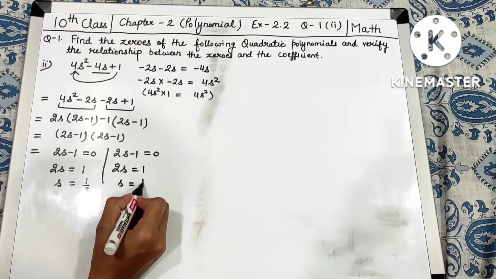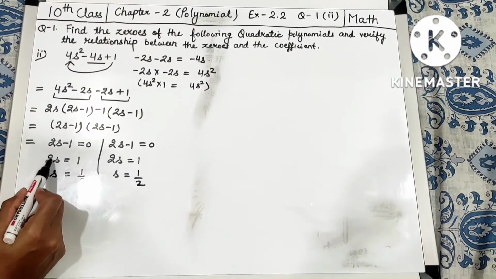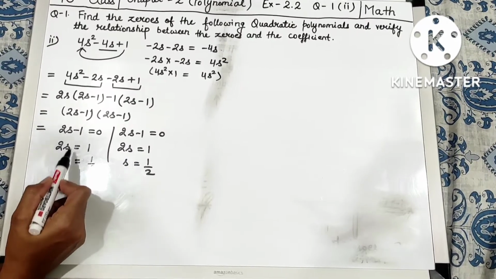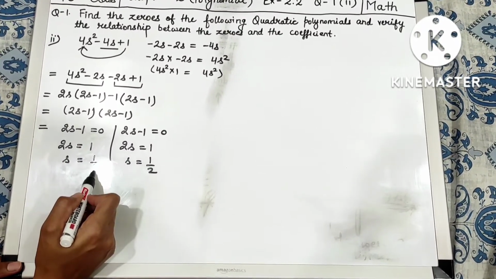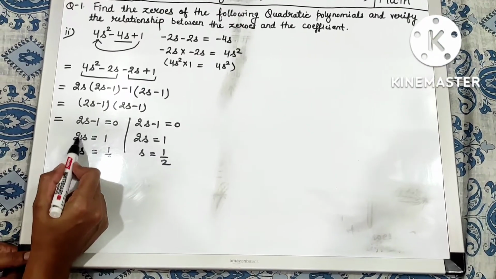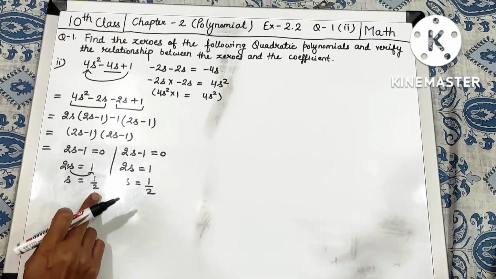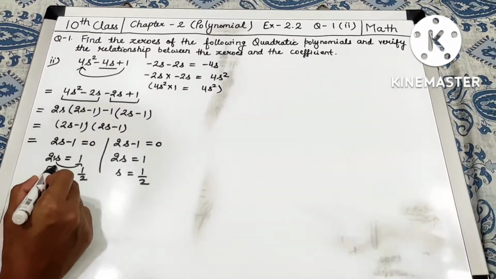S is equal to 1 by 2. Because student, here 2 is in multiplication. When we take 2 to the other side, then it will come in division. Like here it is in multiplication, then if we take it to the right hand side, then it will come in the fraction.